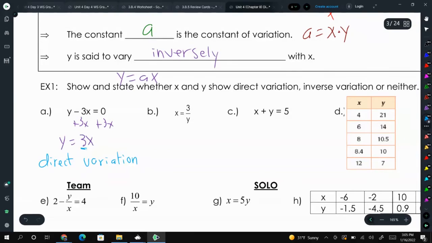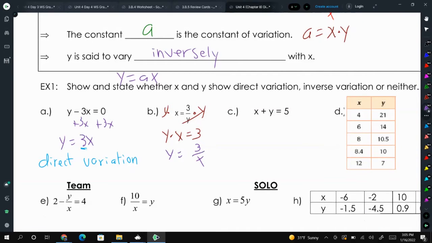Letter B, we need to get y by itself, so we multiply both sides by y. You get y times x equals 3. Then divide both sides by x, you get y equals 3 over x. So we have a number divided by x, which means this is inverse variation.